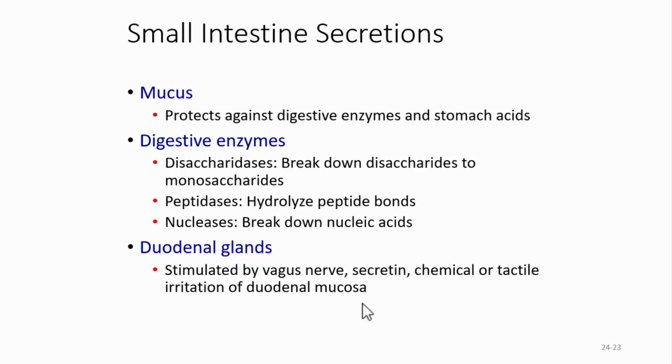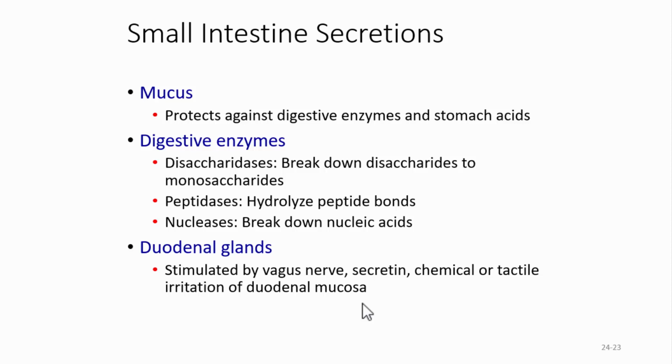So, mainly glucose. We have peptidases. These hydrolyze peptide bonds. Well, where do you find peptide bonds? We find those in proteins. So basically, the peptidases are going to break proteins down into eventually their individual amino acids.